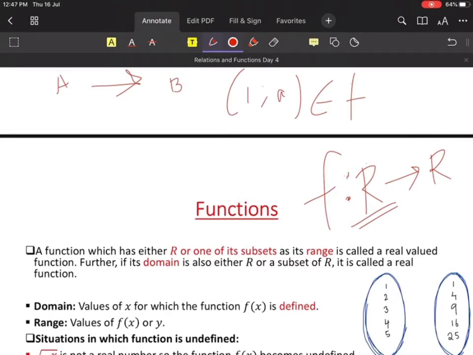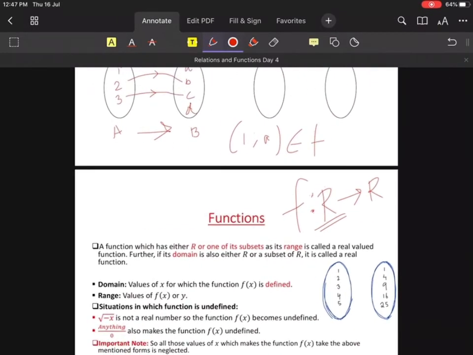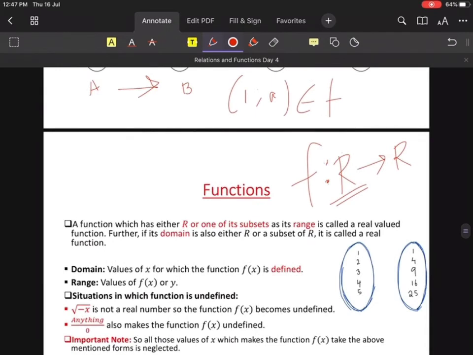This R does not give the range. This R gives the codomain. Am I clear? Everyone understood? Because for functions, the codomain is not important. The domain is the most important thing. Understood? Clear? Yes, sir.